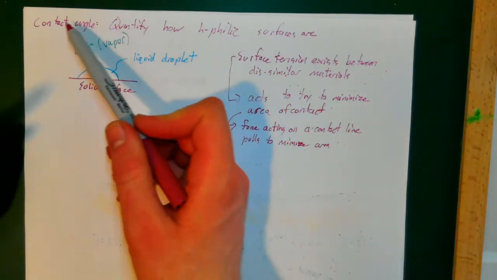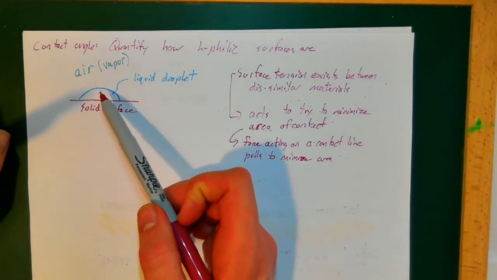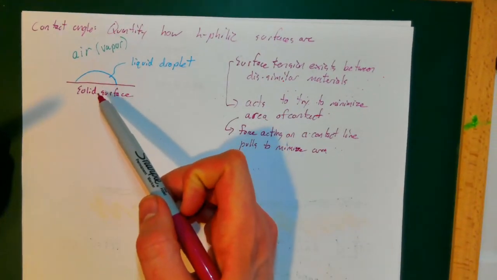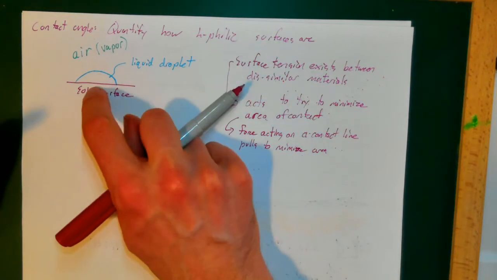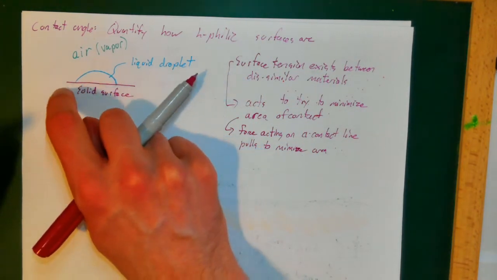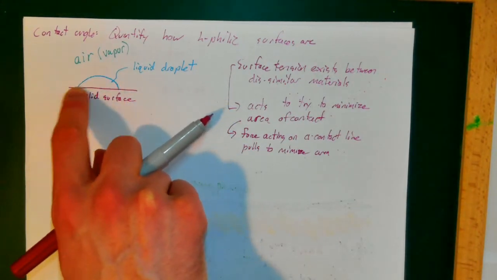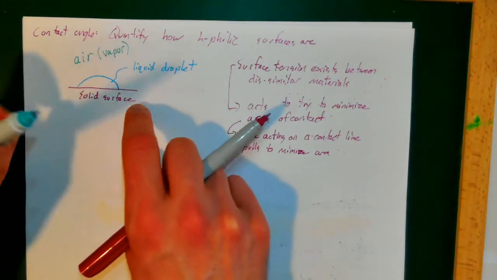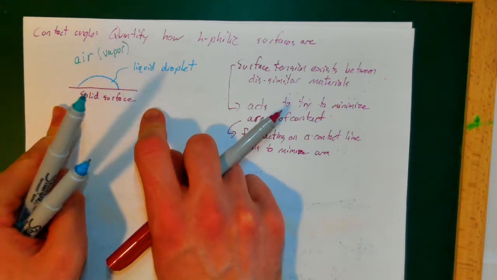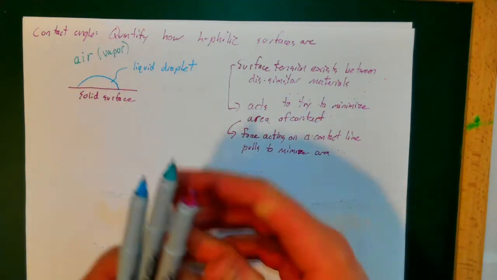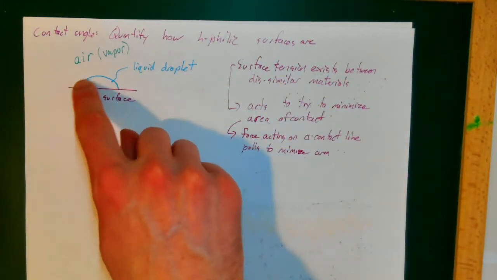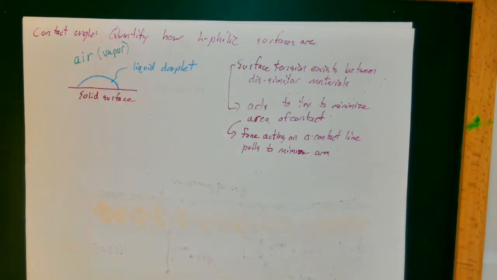So contact angle essentially allows us to see how favorable the solid-liquid interface is compared to the solid-air interface compared to the liquid-air interface. All of these interfaces are trying to minimize, and the shape the liquid droplet takes is some compromise between all of these surface tensions acting on it.